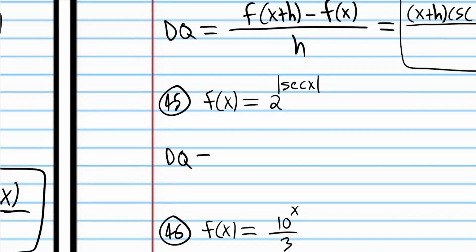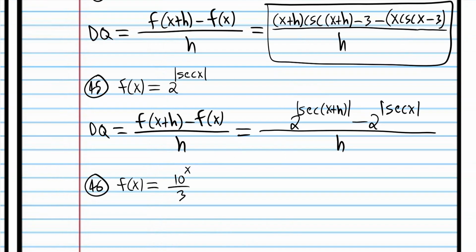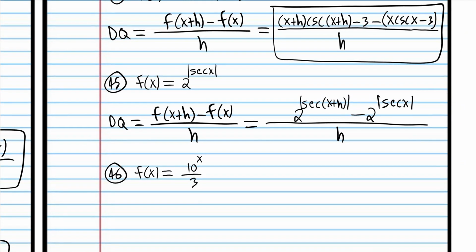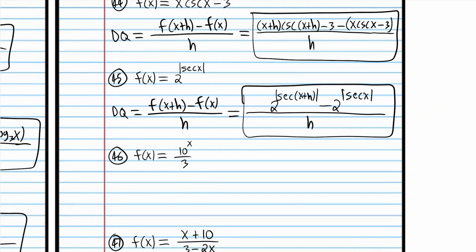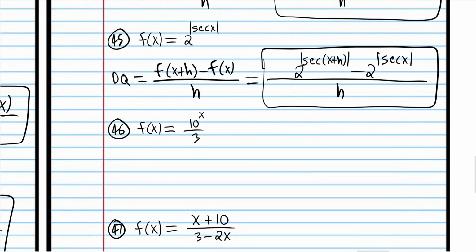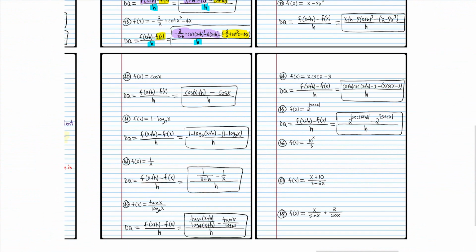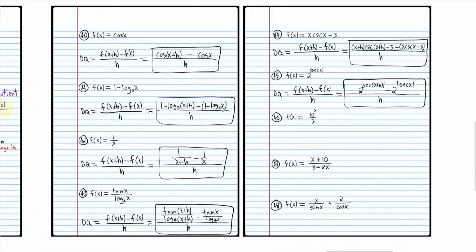So the difference quotient, again, is the same expression. It takes some time to get used to this, so it's all about practice. So you got that right, excellent. Try number 46. When you come back, we'll do it together.